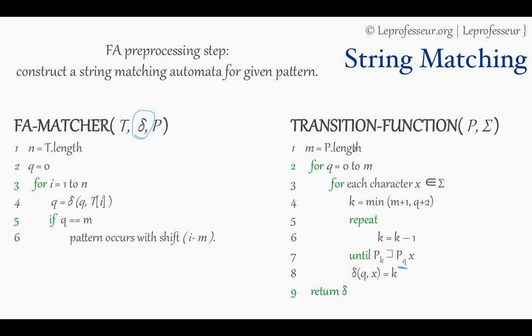So how the algorithm process works is very simple. For the whole length of your pattern m, and then for each character in your input alphabet. So m may be 4, 5, 6, and your alphabet may be 2, right?